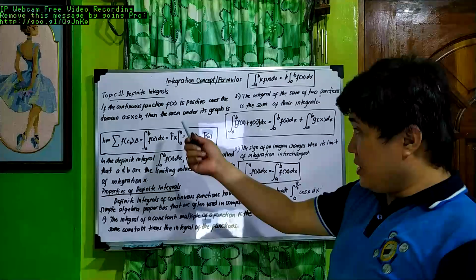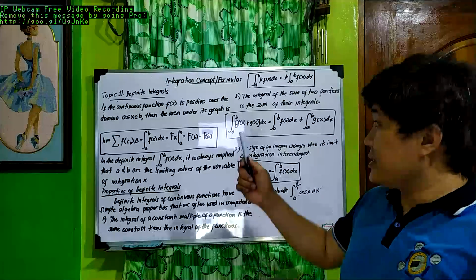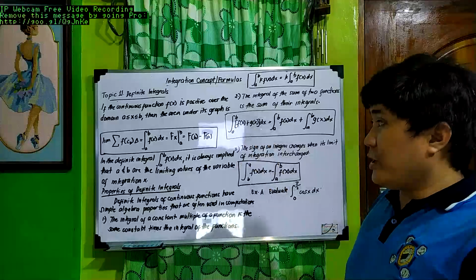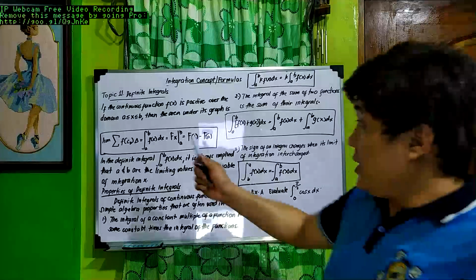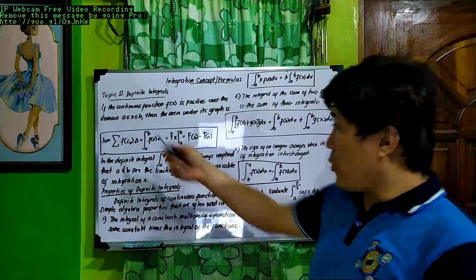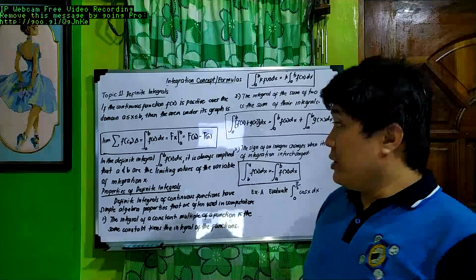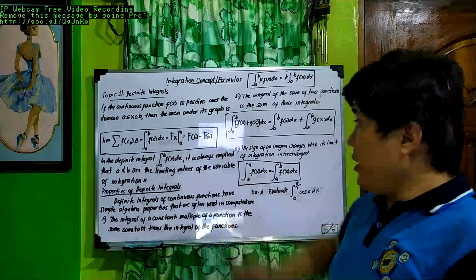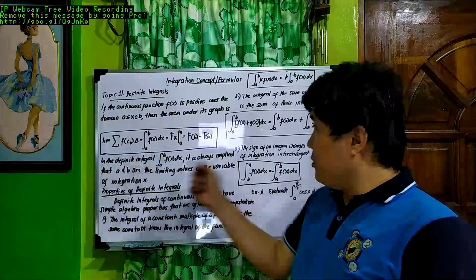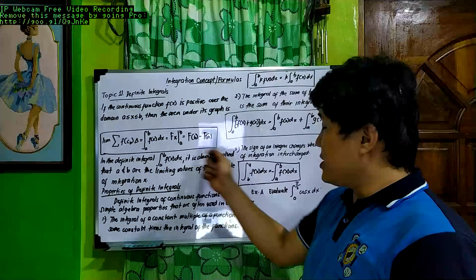Definite integrals: if the function f of x is continuous and positive over the domain a less than or equal to x less than or equal to b, where a and b are the limits of your integral, then the area under its graph is given by this equation.